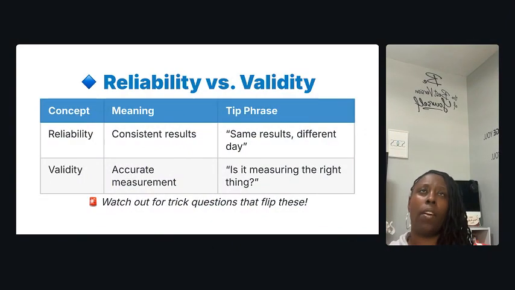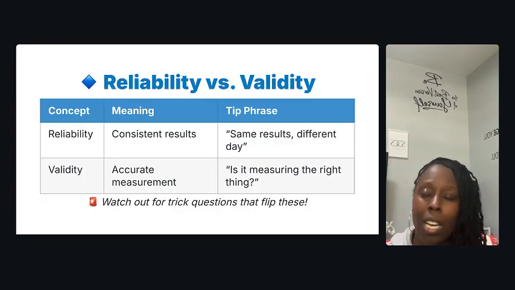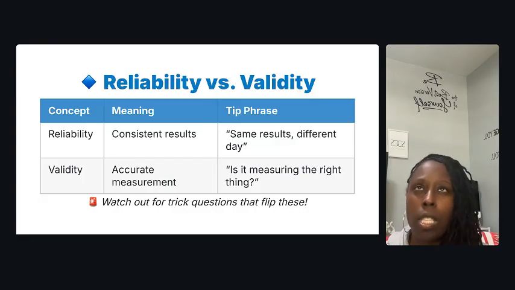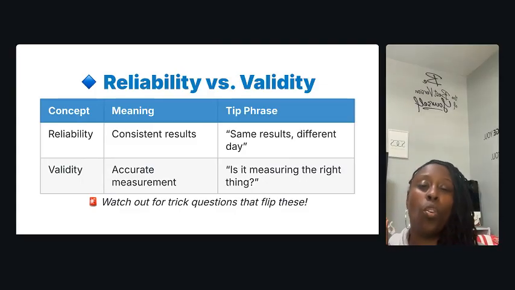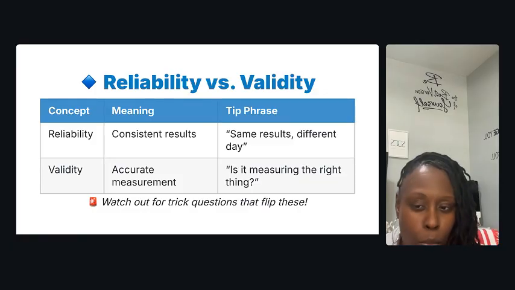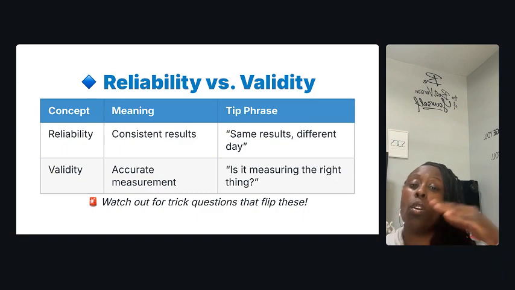We often hear, and you might see this on a test example, reliability versus validity. This is something that you've heard pretty much in our courses. I'm sure statistics and research and all that stuff was probably your favorite course in graduate school. So this is just a crash course because I'm sure you remember all that stuff from before. All right, reliability basically means that you get consistent results. A phrase here: same results, different day. It doesn't matter when you do it, the results are reliable, meaning the results are consistent.